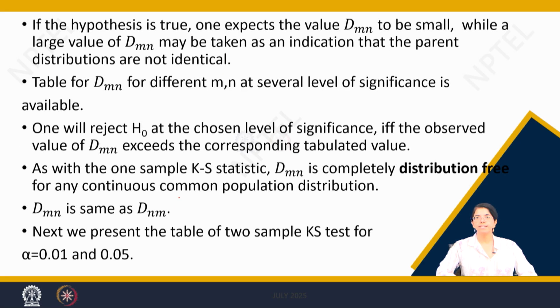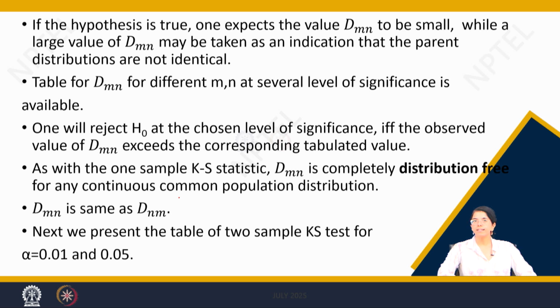If the hypothesis is true, one expects the value of Dmn to be small, while a large value of Dmn may be taken as an indicator that the parent distributions are not identical. Tables for Dmn for different m and n at several levels of significance are available, so basically you need to look at the table.